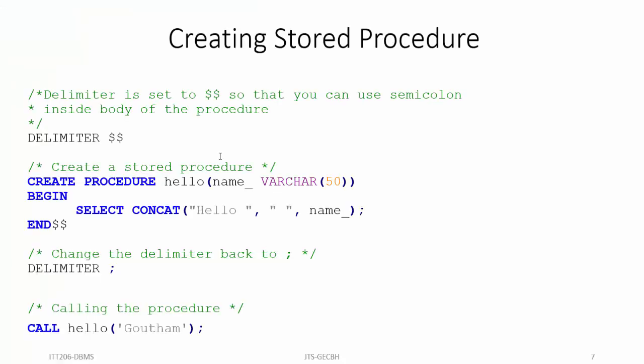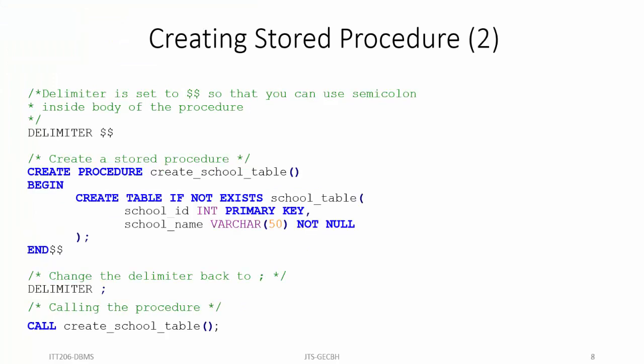Now we will see one more example. In this example we are creating a new table using a procedure. Here again first we will set the delimiter to $$, then we will write create procedure. We want to create the school table, so the name of the procedure is create_school_table, and then we have the begin and end, and between that we'll be writing the statements to create the table.